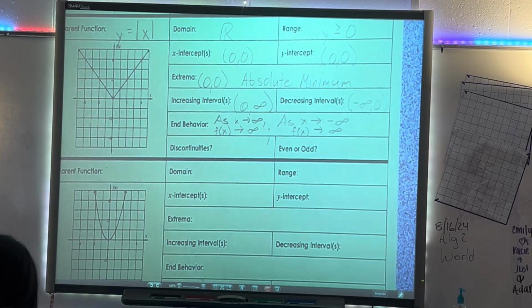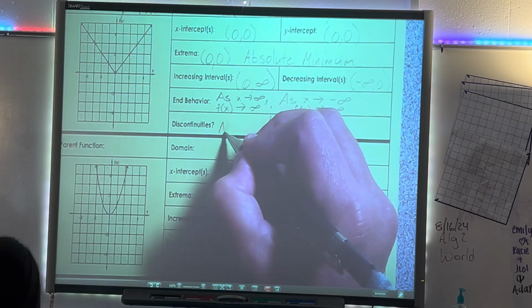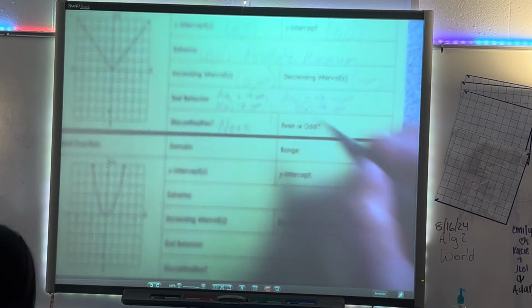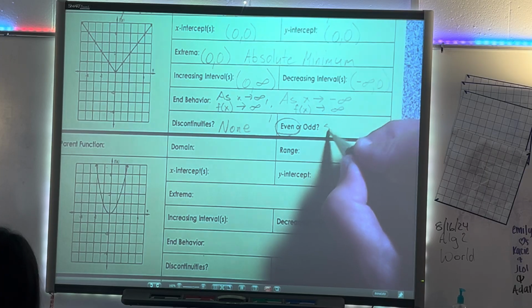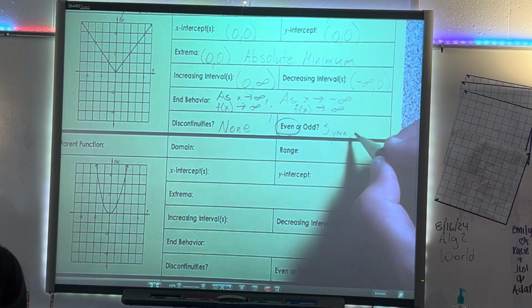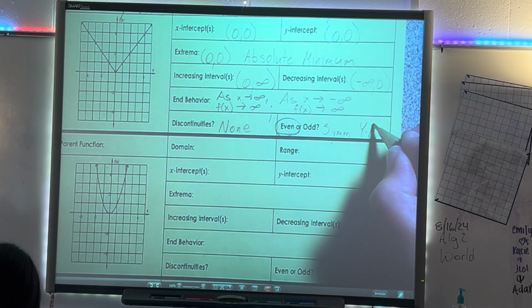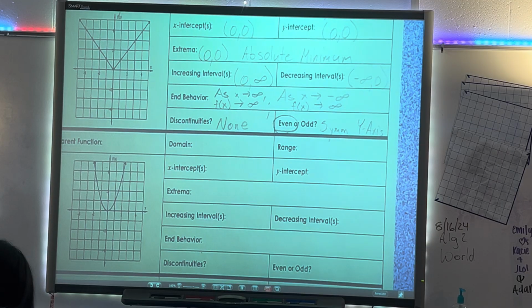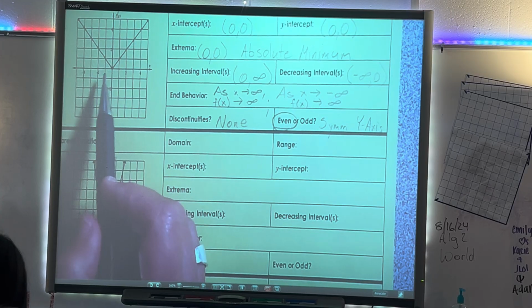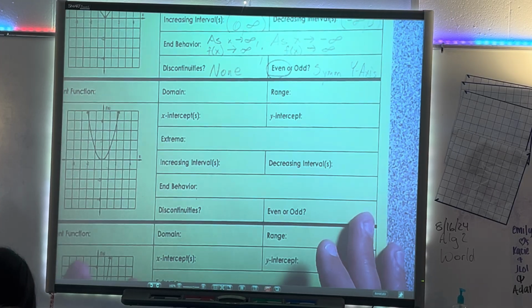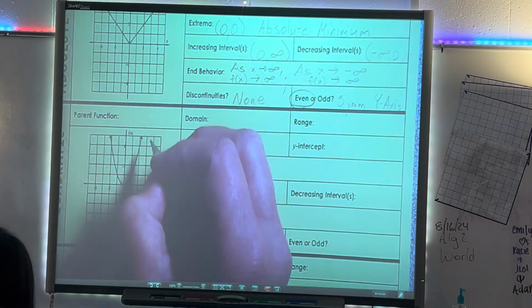Okay, the discontinuities, there are none. This one is an even function, I'll just circle that one, which means its symmetry is about the y-axis. And again, this is the parent. That's going to change if we slide the graph over, but for the parent, that's how that's going to stay. It stays even, but the symmetry would move from the axis if we slid the graph over.